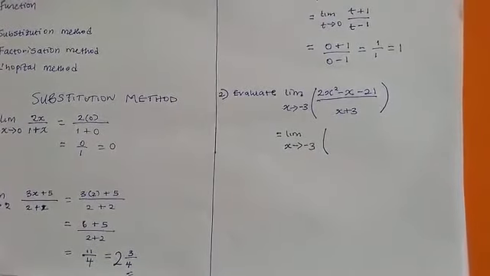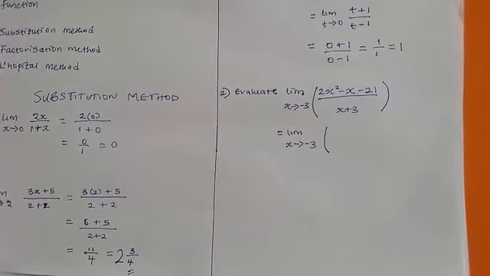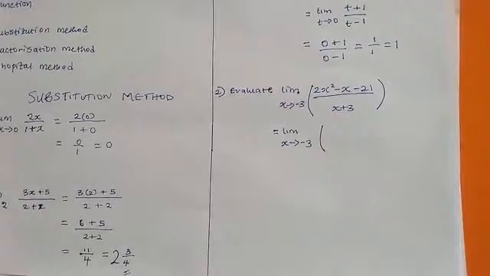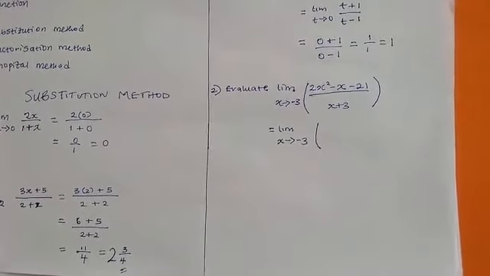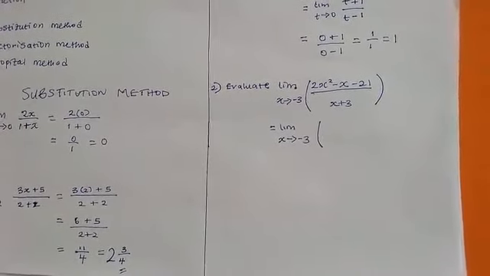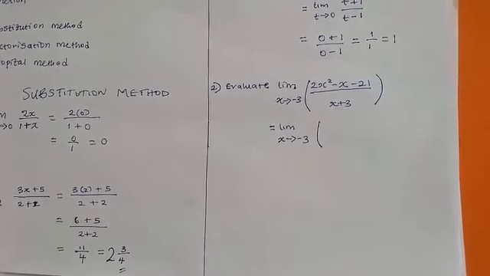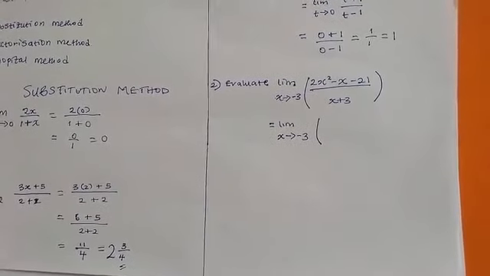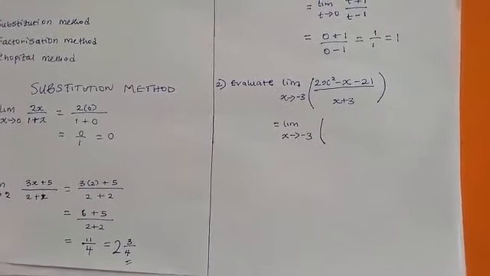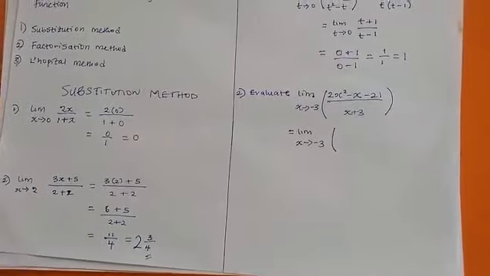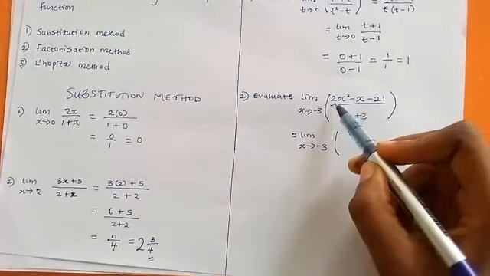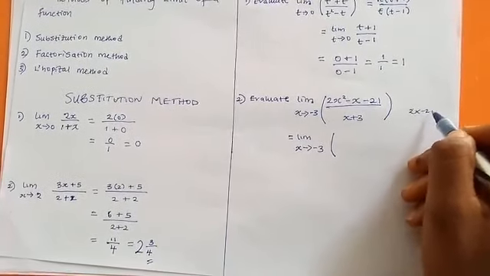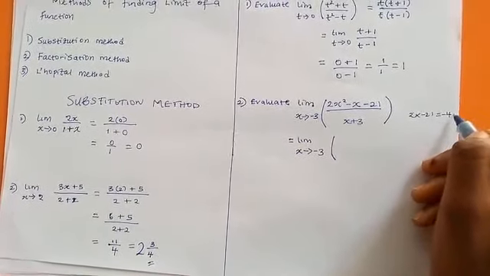2 times minus 21 gives us minus 42, and then we look for the factors that will give us minus x. Remember, when we multiply 2 times minus 21, we got minus 42.